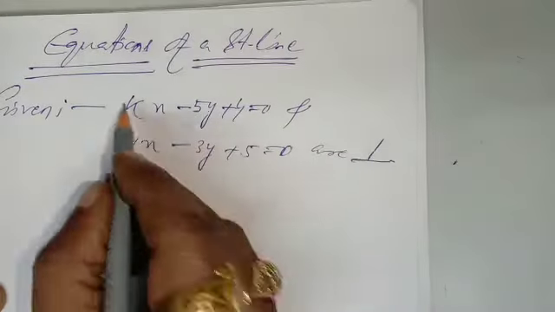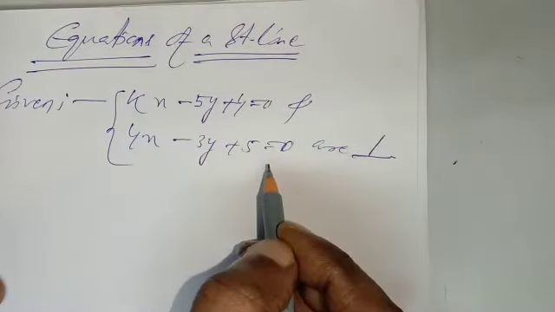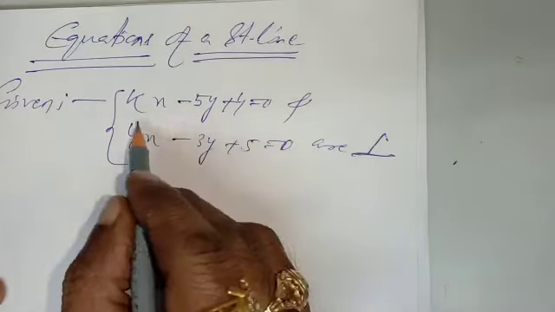This is the condition given. These two lines are perpendicular to each other and you have to find out the value of k.